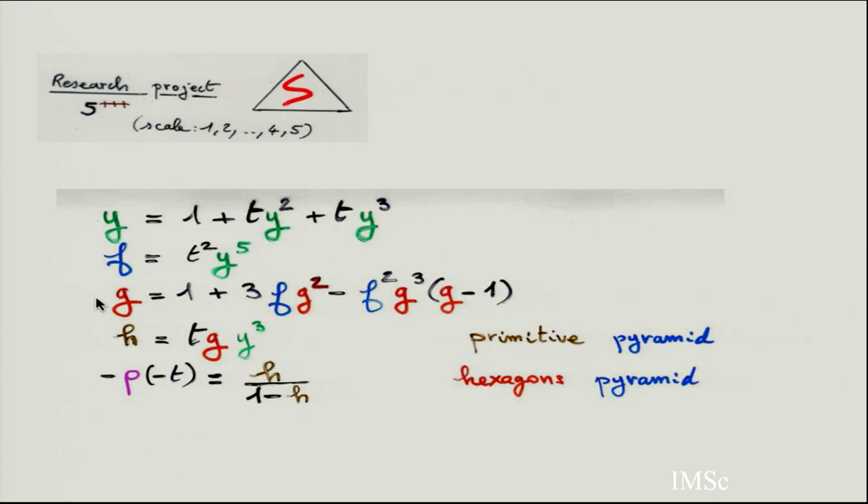Highest degree is 3. Here in g we have 4. Yes, f. You see it's 6. So you see f. This term is a product of y, which can be this or this. So this term is a product of the two terms here, t squared y^5. So this is Catalan plus a variation more complicated than Catalan, right? There is a term in y cubed.